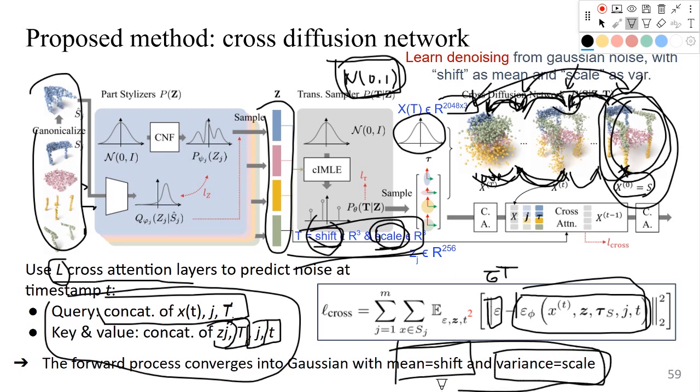This is one of the differences between this paper and the general diffusion network. I think that's it for the overall pipeline.